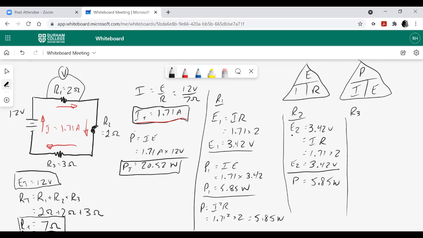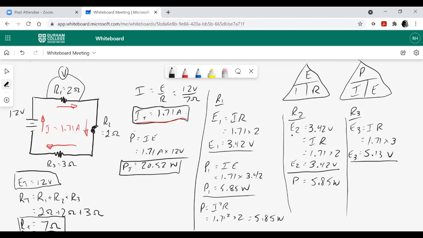Okay, so R3, my voltage drop, E equals IR, is 1.71 amps times 3 ohms. Is what, 5.13, I think. 5.13 volts. So that's my voltage drop at E3.